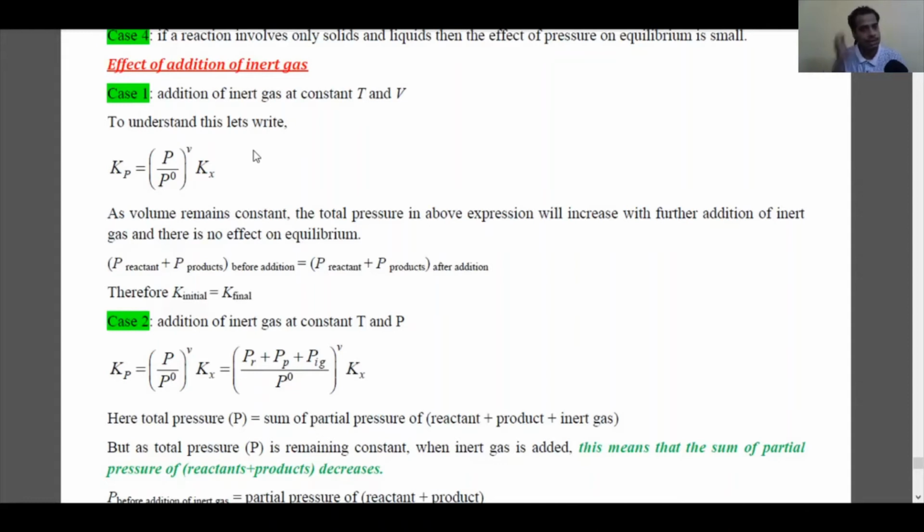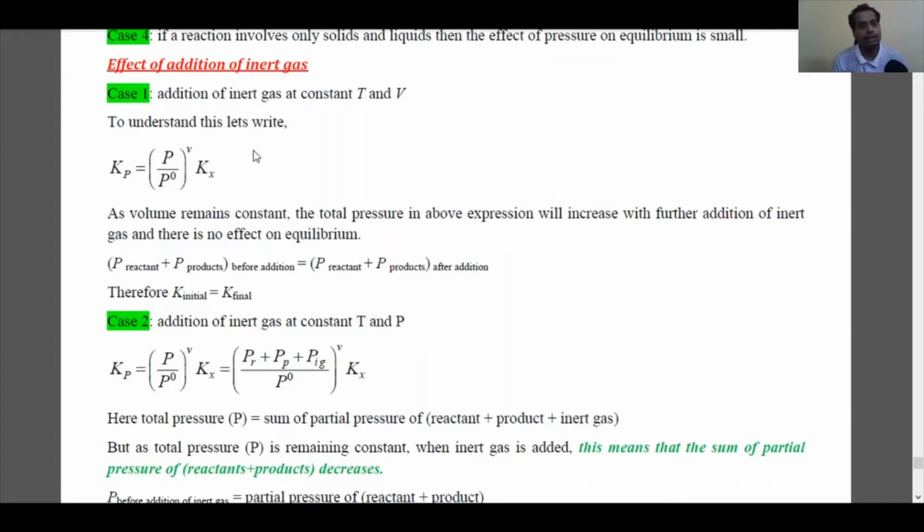The pressure is not a constant here. If I add inert gas, the gas pressure will increase. To that system, if I am adding inert gas, the total pressure will increase because inert gas will contribute some additional pressure.